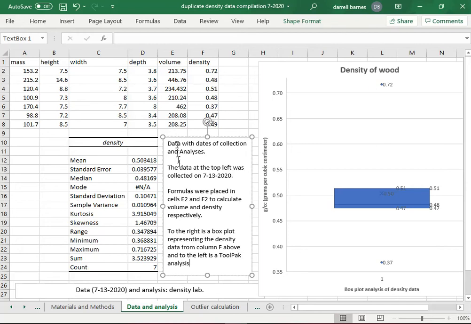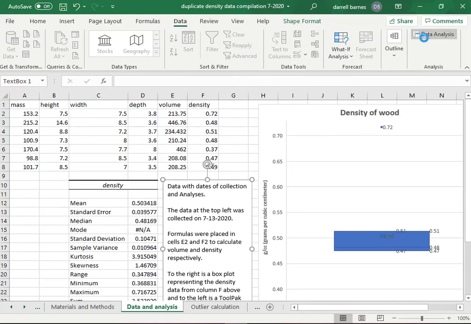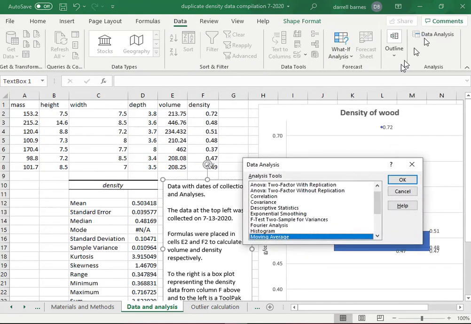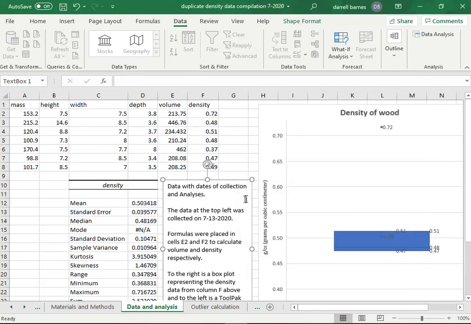Let's go to that real quick, because there's something else I want. Let's go to data for a second. It's a data analysis, and it was descriptive statistics. It was this one. Okay, let's cancel that.